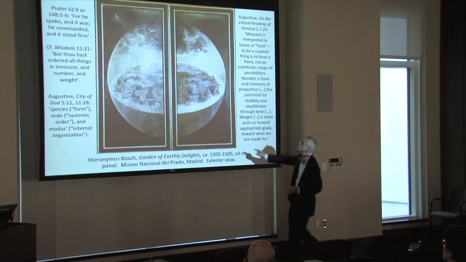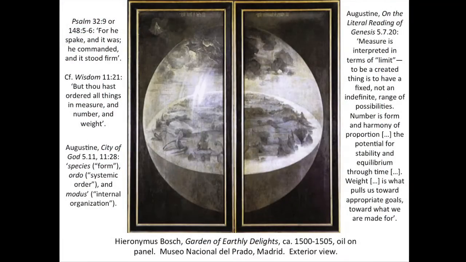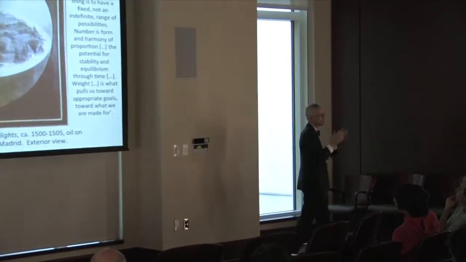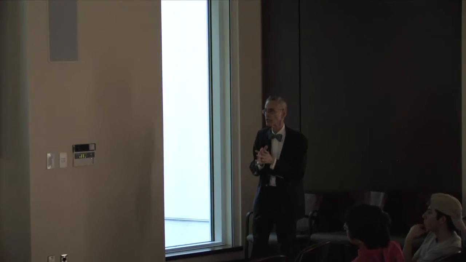But Bosch has also shown storm clouds at the top of the image. And this has to do with the way the first day of creation was interpreted by theologians associated with the court of Burgundy, and in particular the way it is interpreted by Augustine, who is one of the greatest of the church fathers, one of the greatest interpreters of Christian doctrine and of Christian scripture.